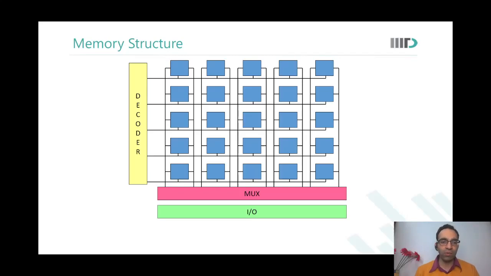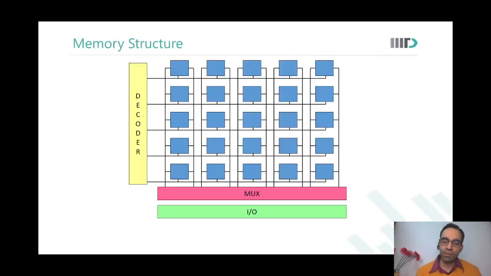So IO circuits are required. In addition, to manage the aspect ratio of the memory, you will also have a column multiplexer. So typically, whichever memory you talk about, these three components would exist.